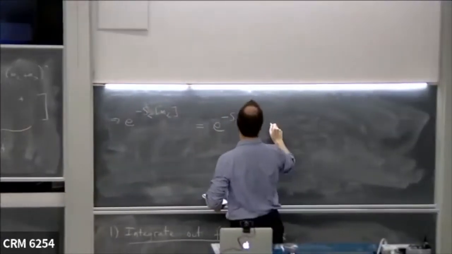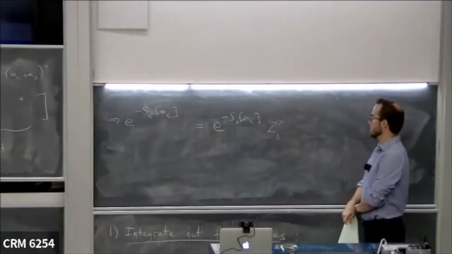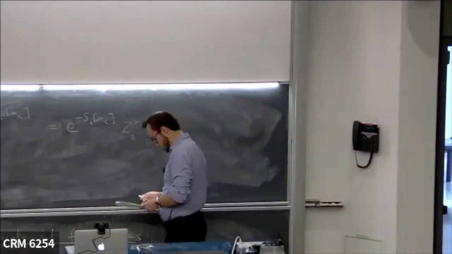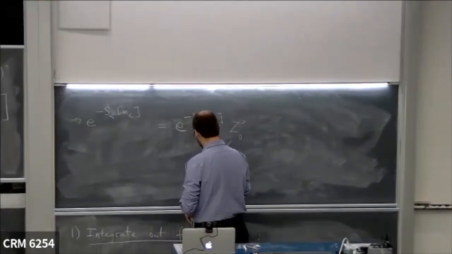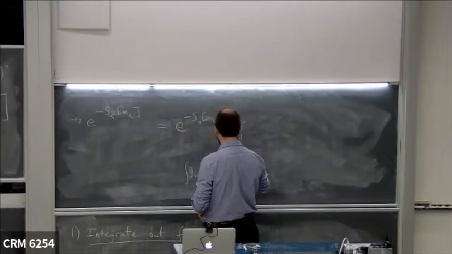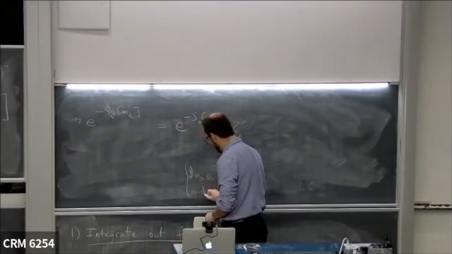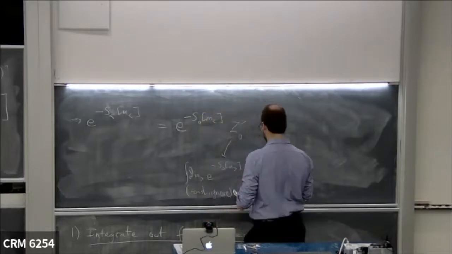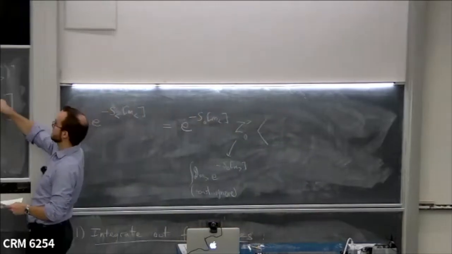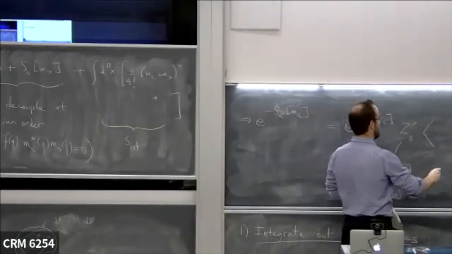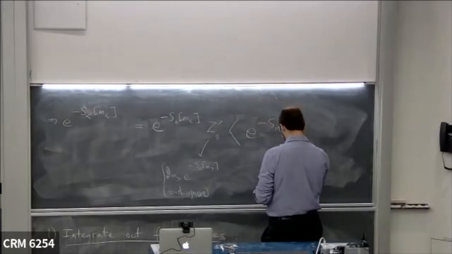It's the partition function that I'll call Z naught greater of the free fast modes, the integral over m greater of e to the minus S naught of m greater, just some Gaussian partition function. So it will just be a constant contribution to the effective action. We'll ignore it. And then there will be an average over the fast fields of this interaction piece, e to the minus S int.